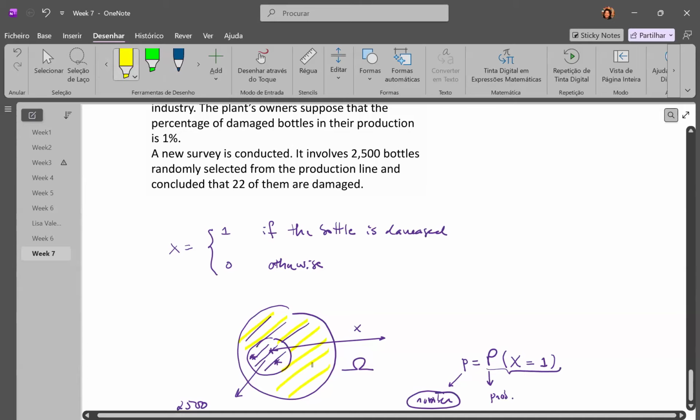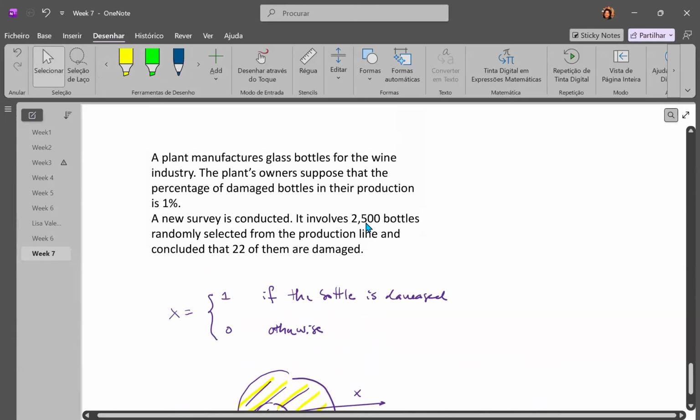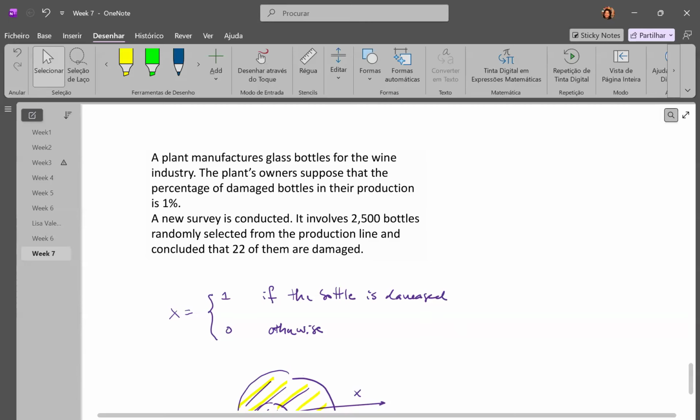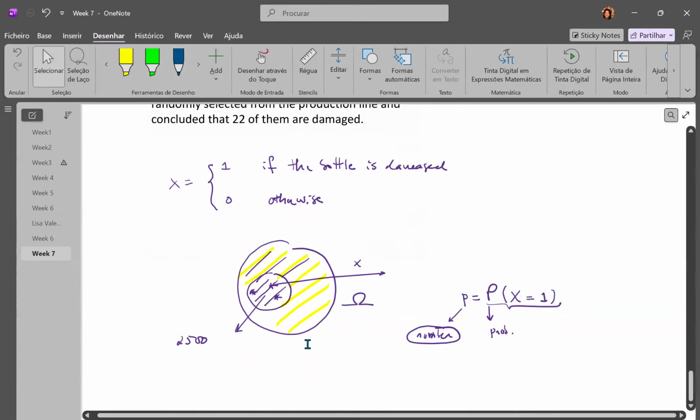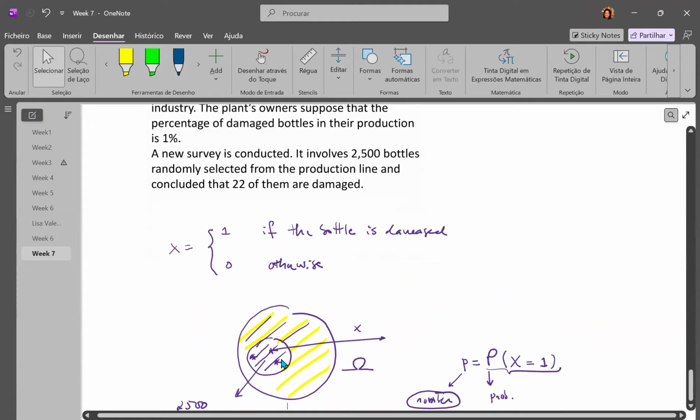But do we data scientists are we called to determine the value of p amongst 2,500 bottles, or are we using this heavy machinery of mathematics to determine it in a larger universe? Exactly, in the larger universe. Juan, you are working to be able to, from the sample, extract information to apply to the entire universe, right? That's why you're working.